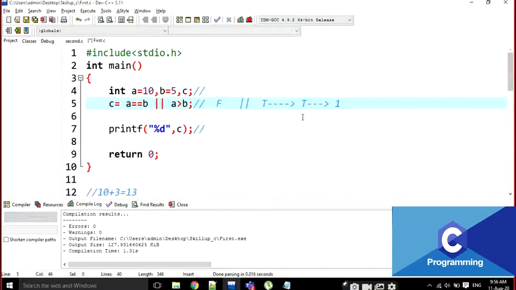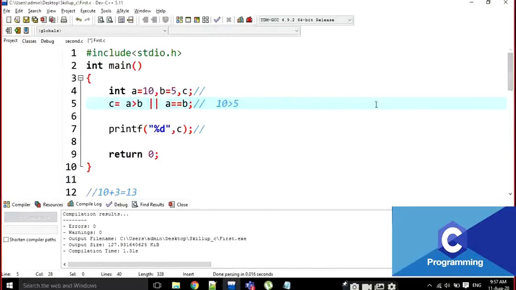But now I am going to write it like this. It is going to be checked: the first one is 10 is greater than 5. Is it true or not? Yes, sir, it is true. This is the logical OR operation, so it never checks the next one.